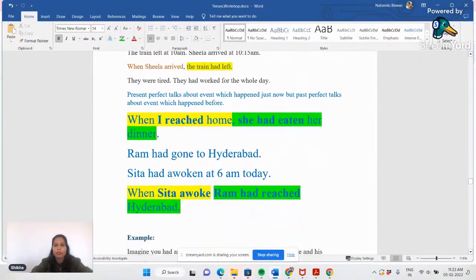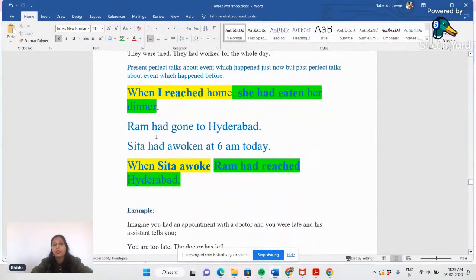Present perfect talks about an event which happened just now, but past perfect talks about an event which happened before. So, when I reached home, she had eaten her dinner. So she had already had her dinner, and after that you reached home. Then we have got two clauses here.